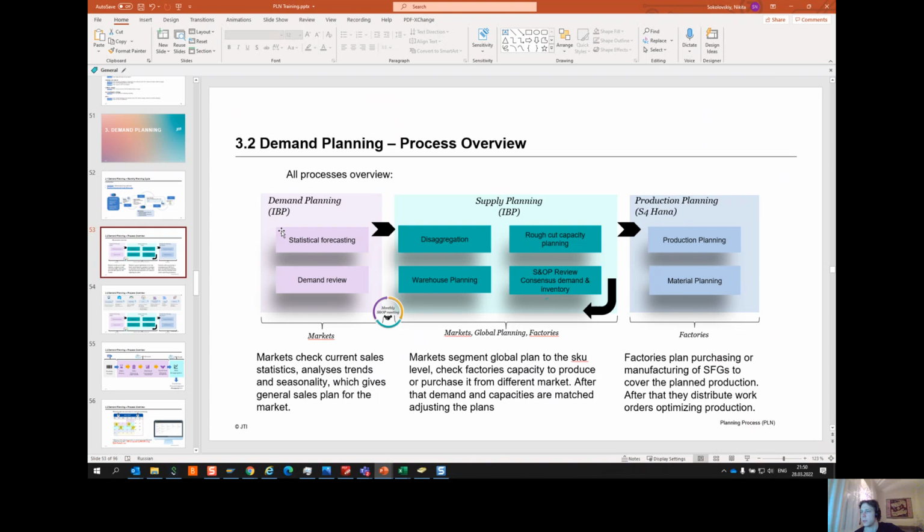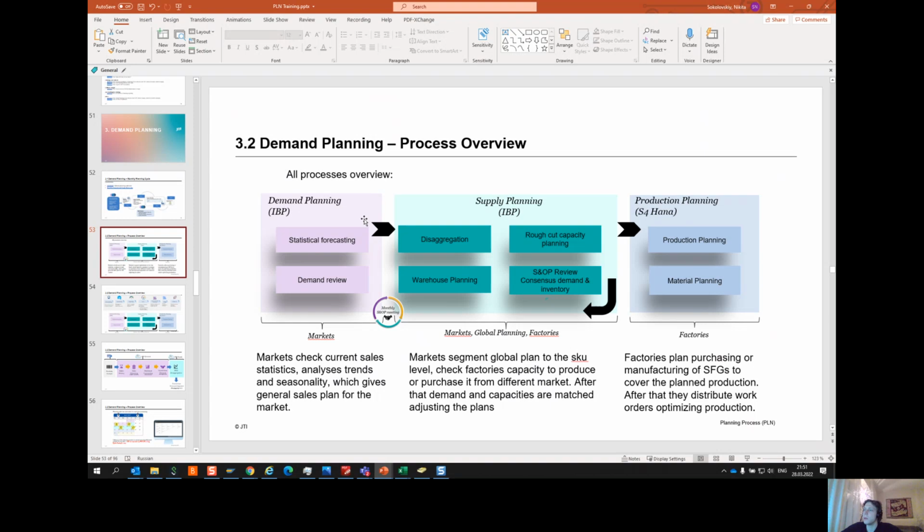Once demand planners run heuristics, the forecast is automatically calculated for upcoming months for specific products. So let's leave it like that for now.